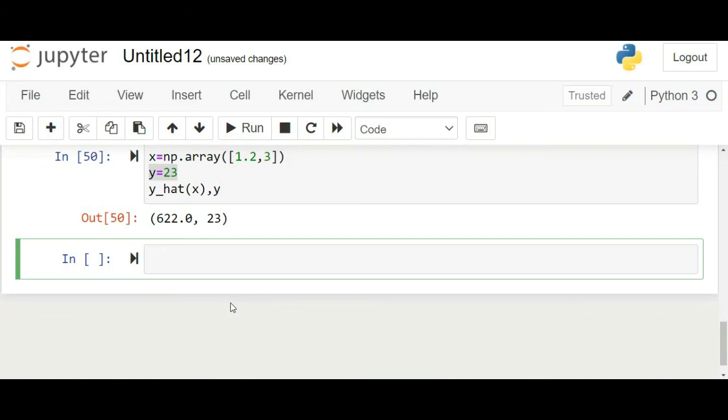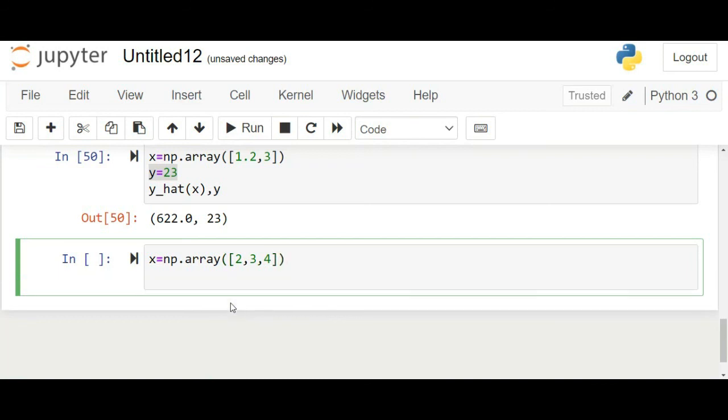So let us start. x is equal to np.array, inside the parentheses we shall write the square bracket, and then we write 2 comma 3 comma 4.